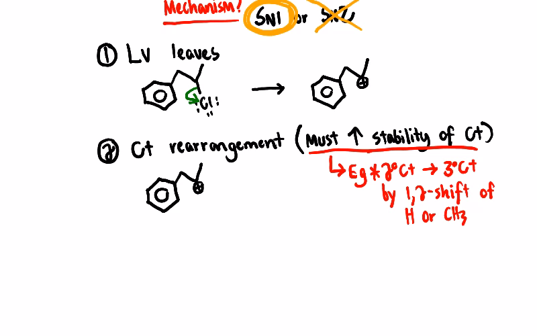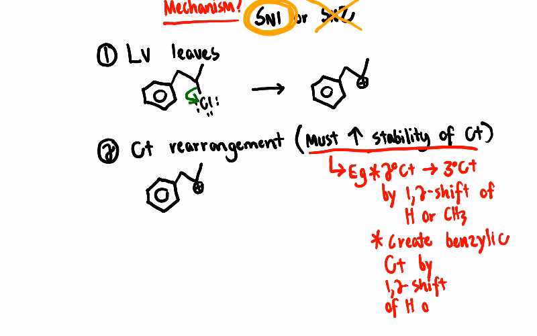So another option that we have here is that we could create a benzylic carbocation by a 1-2 shift. Because we saw that those benzylic carbocations have particularly high stability. So we could create a benzylic carbocation by a 1-2 shift, again, of a hydrogen, called a hydride since we're moving it with its electrons, or a methyl group. So we're going to create a benzylic carbocation here by a 1-2 shift.